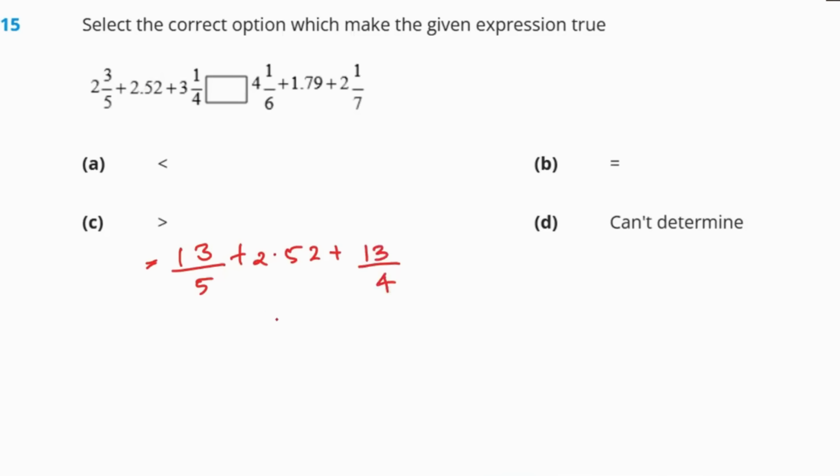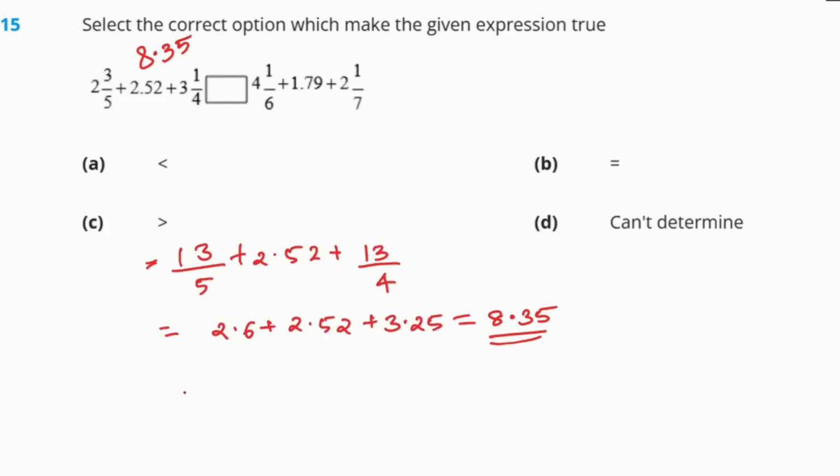Approximately 2.6 plus 2.52 plus 3.25. When we add all these, we get 8.35 as the answer of the first one.